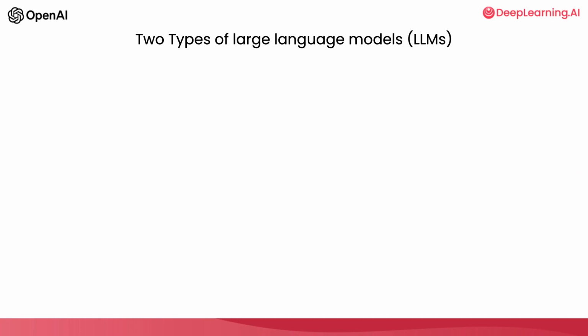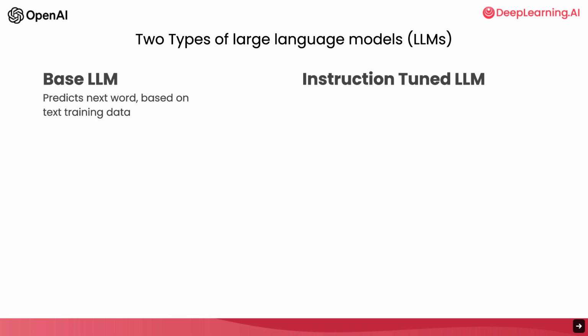So in the development of large language models, or LLMs, there have been broadly two types of LLMs, which I'm going to refer to as base LLMs and instruction-tuned LLMs. So a base LLM has been trained to predict the next word based on text training data, often trained on a large amount of data from the internet and other sources to figure out what's the next most likely word to follow.